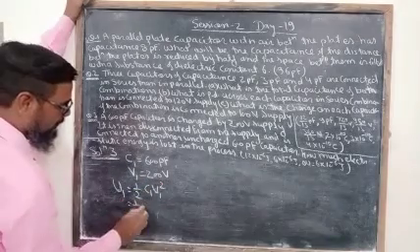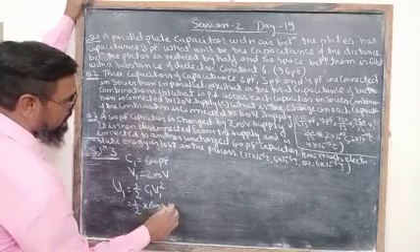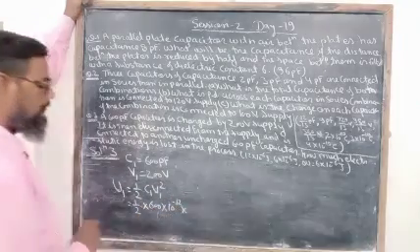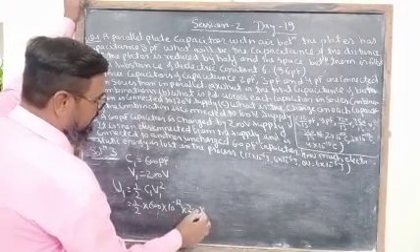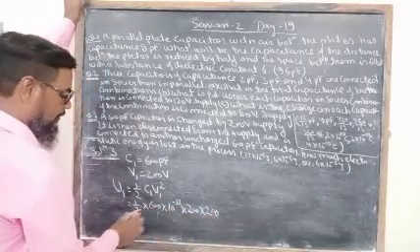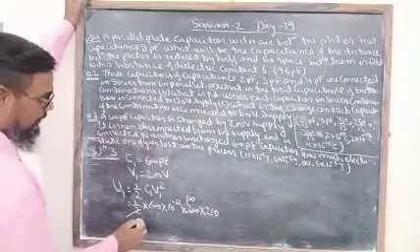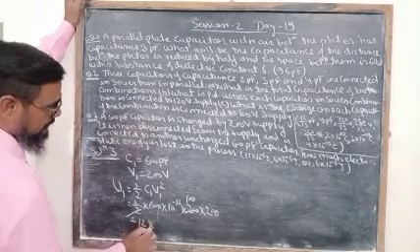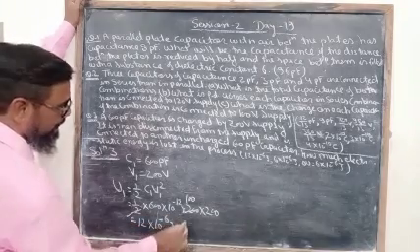So 1 by 2 into 600 into 10 raised to the power minus 12 into V1 square, which is 200 into 200. The 2 cancels out, and we obtain 12 into 10 raised to the power minus 6 joule.